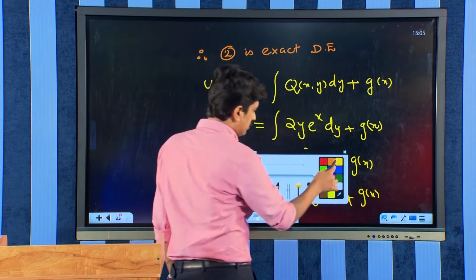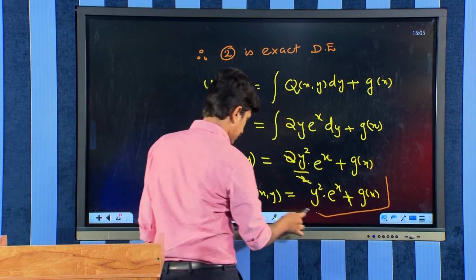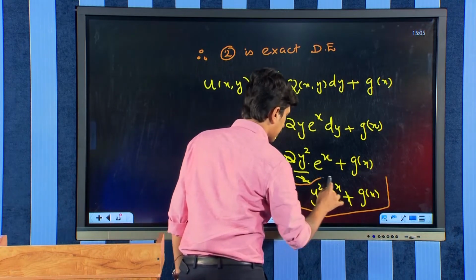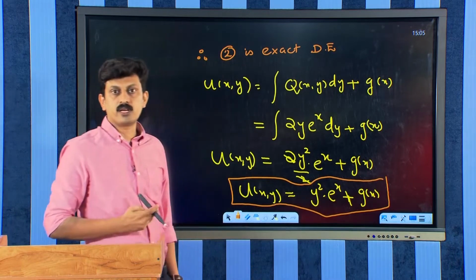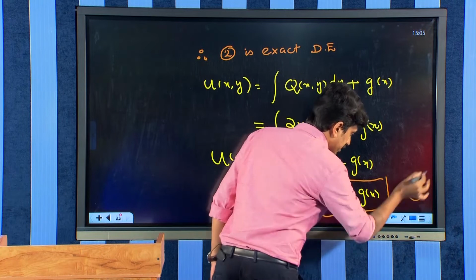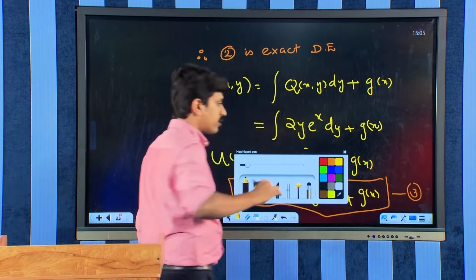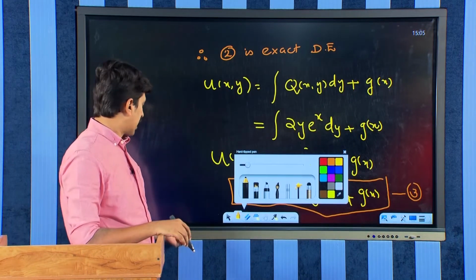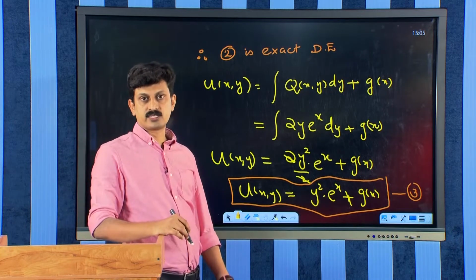This is the general solution of the differential equation. I would like to put this as equation number 3, the general solution of the equation, and here we need to find g of x.